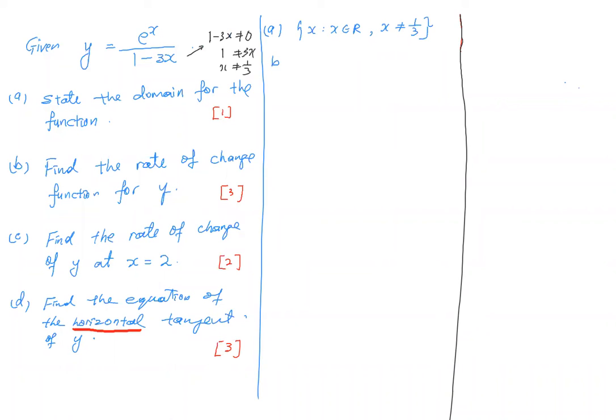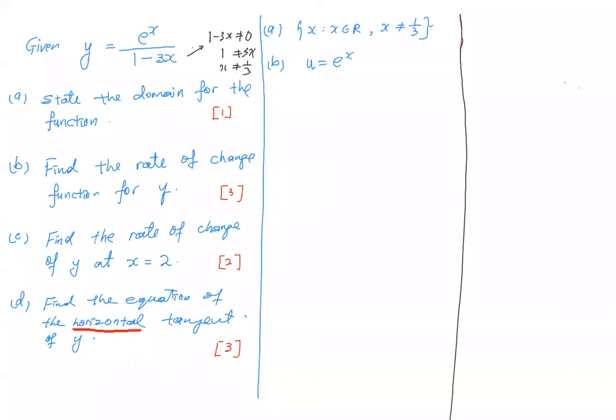Part B. So you want to find the rate of change, correct? So you have your U. What is your U? E to the power of x. Yeah.